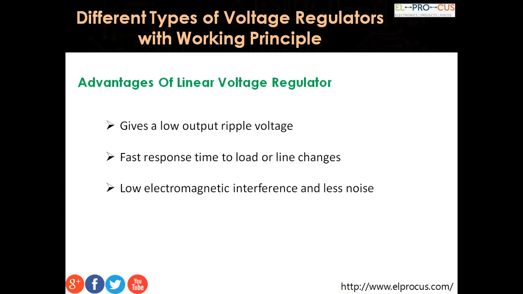So it will give us low output ripple. It means there will be fewer harmonics and less error, and it will give us fast response time to load or line changes. It means irrespective of changes in input, it will give us a constant amount of voltage at the output.